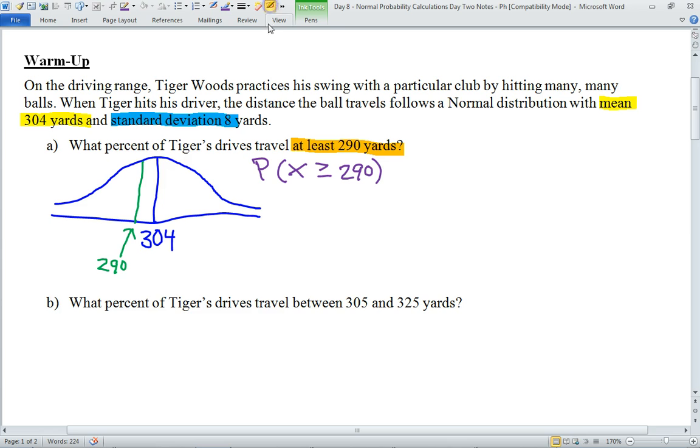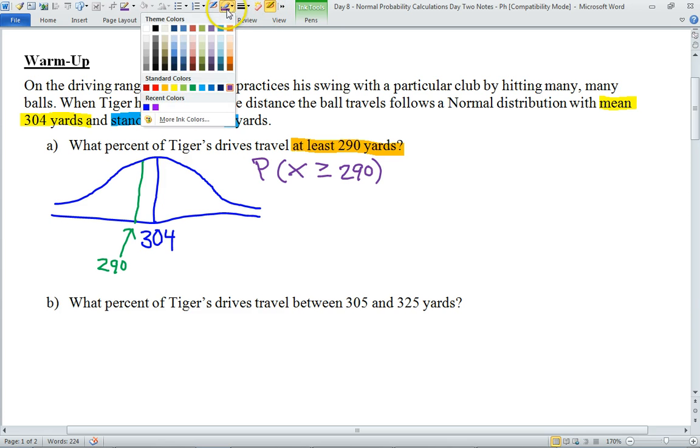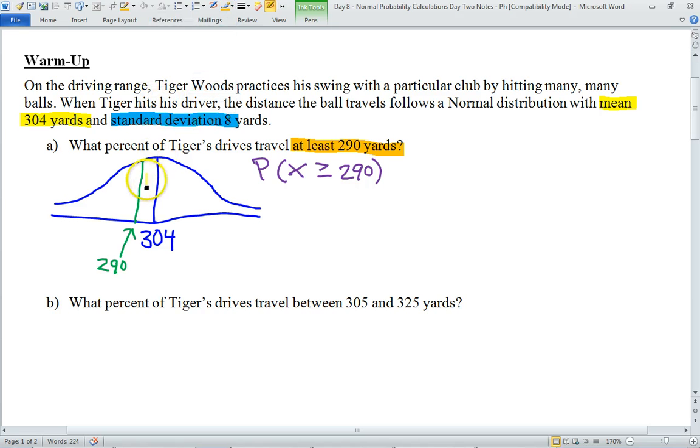Okay, do not just sit there being silent, guys. Make sure you participate. I'm not there to look you in the eyeballs, but you better participate. Yeah, we're going to shade on the right hand side because that's where the greater than numbers are. So we want the part of the graph that's like this.